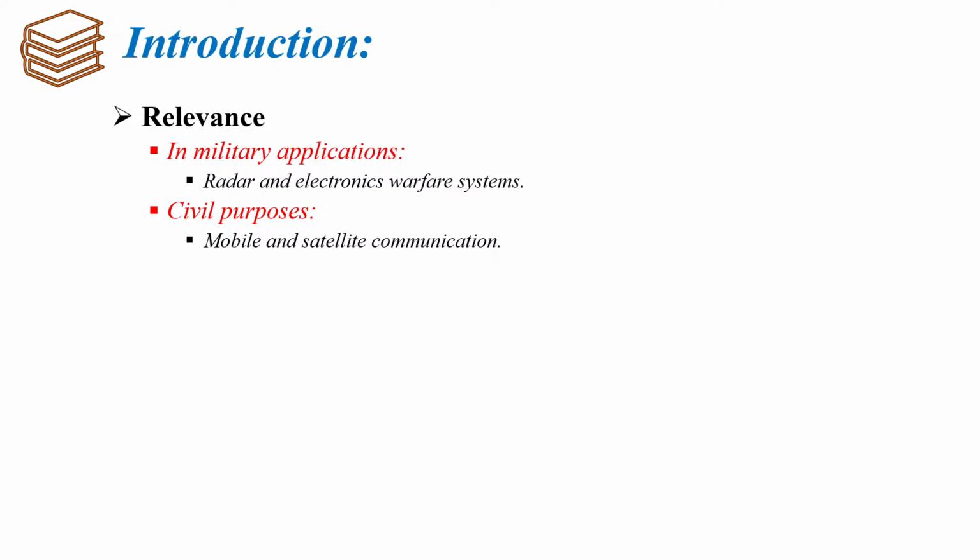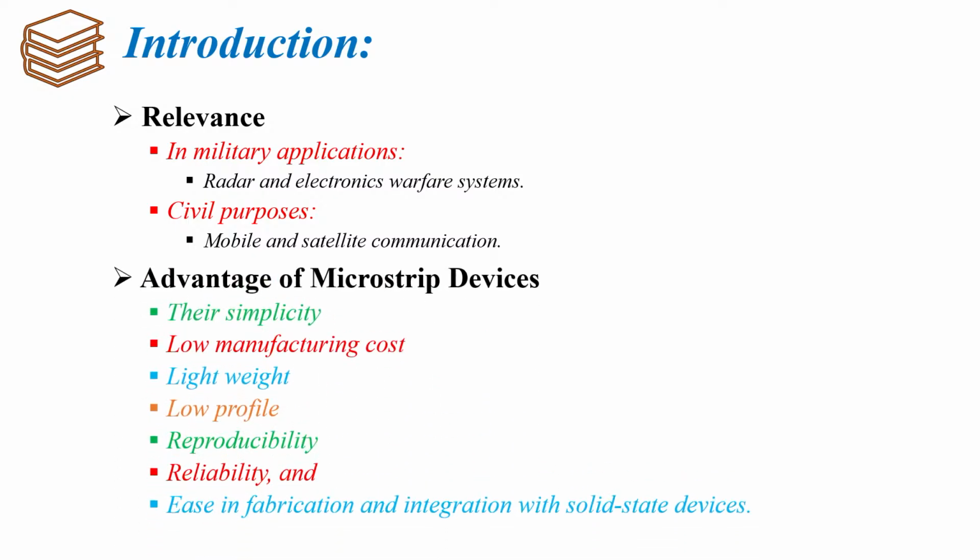In the military applications, it is mainly used in the radar and electronic warfare system. In the civil purposes, we use it in the mobile and satellite communication. And over these, the advantages of the microstrip antennas are listed here. You can see their simplicity, low manufacturing cost, lightweight, low profile, reproducibility, reliability, and ease of fabrication.